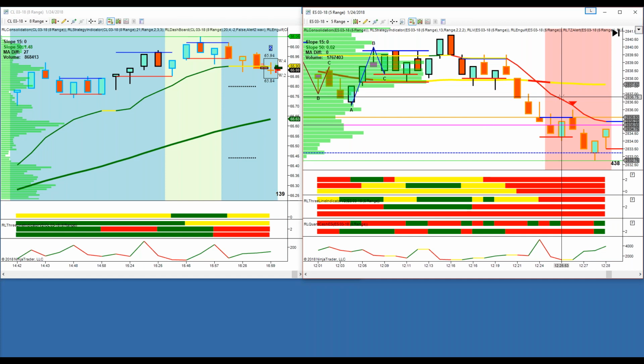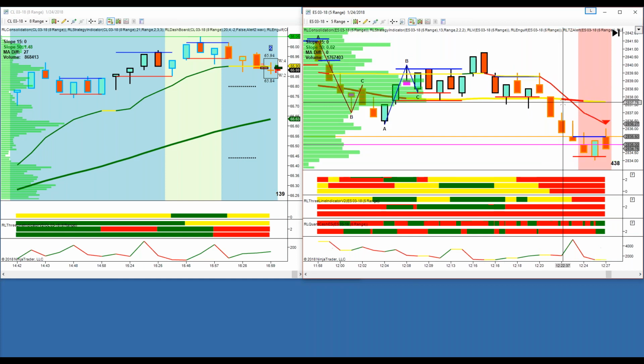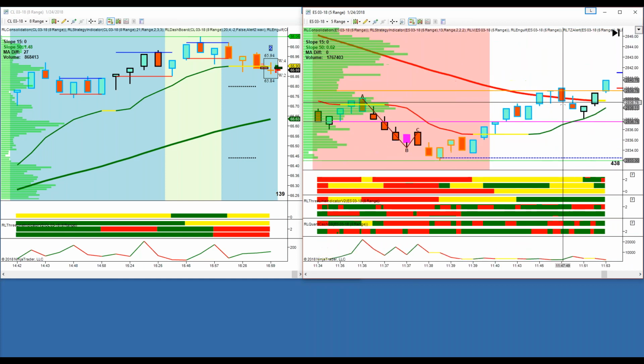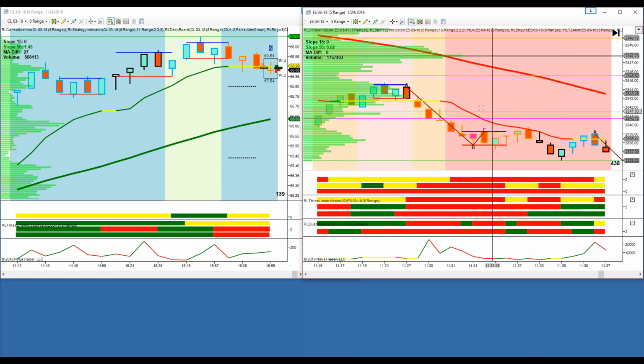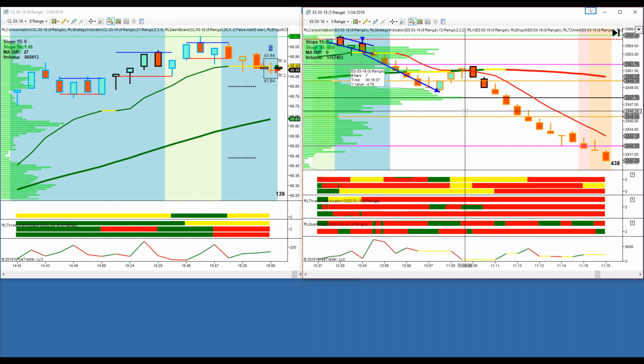If the 15 is below the 50, you can only trade short. And when the 15 is red and the 50 is flat or red, that's when you get your best trades. Without a doubt, that's where your best trades come in. So it does help you a lot. And I'll include the 50 in the package for everybody if they want that 50 period SMA. There's no problem with that.